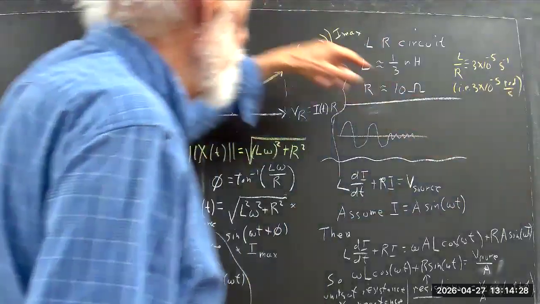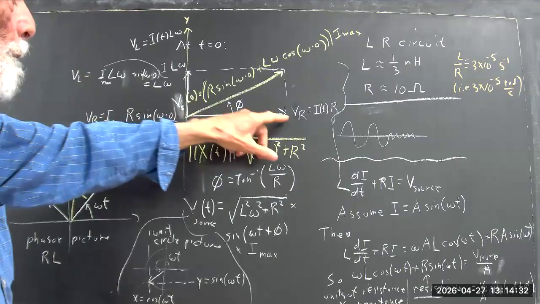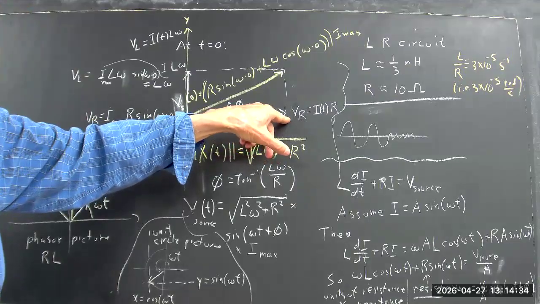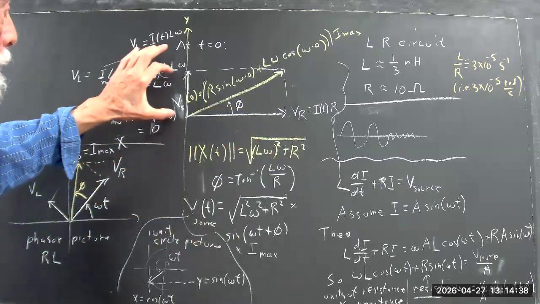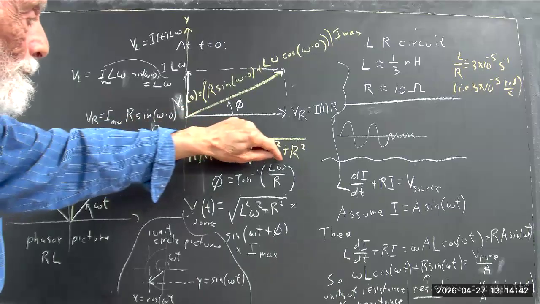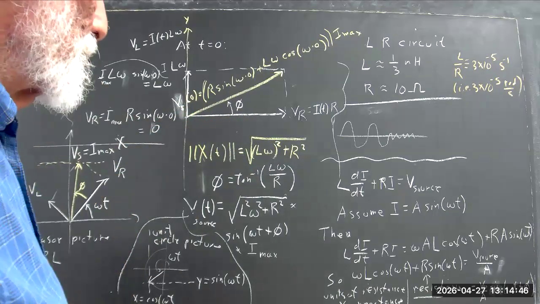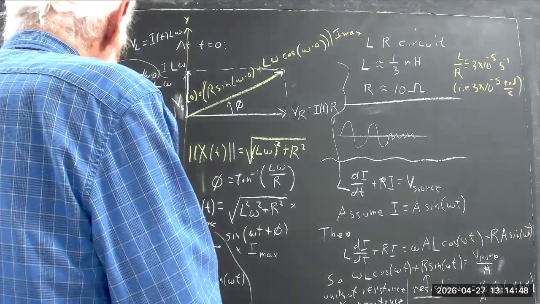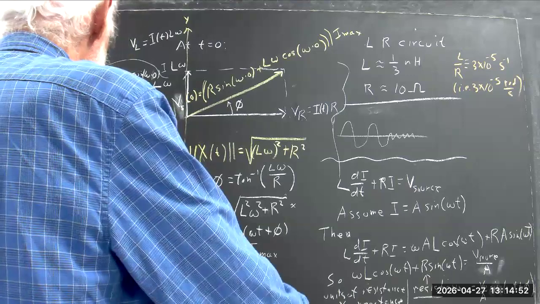Okay. So on our picture here, we have our resistance, 10 ohms. We have our L omega.